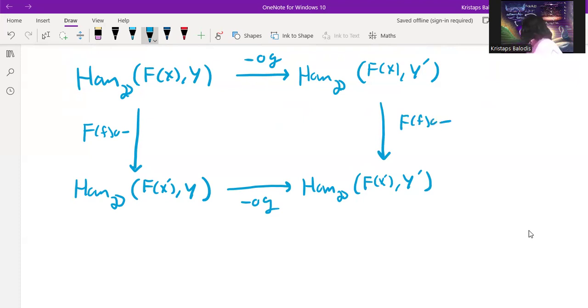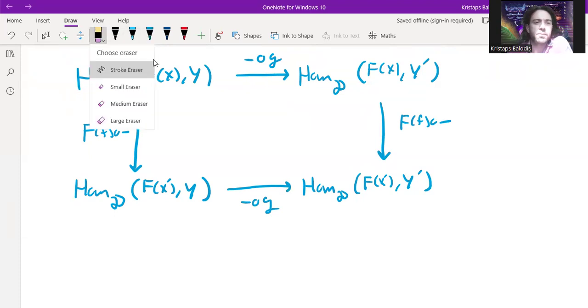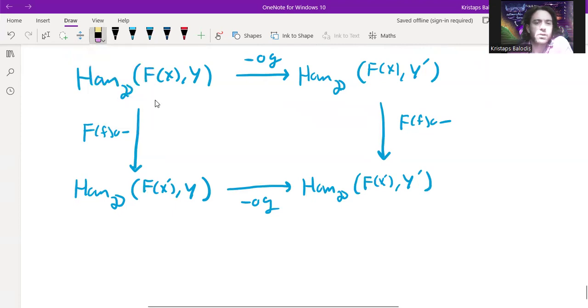So I could go the other way around, and that's kind of, oh, did I put, sorry, this G I think is post-composition. That's me forgetting stuff.